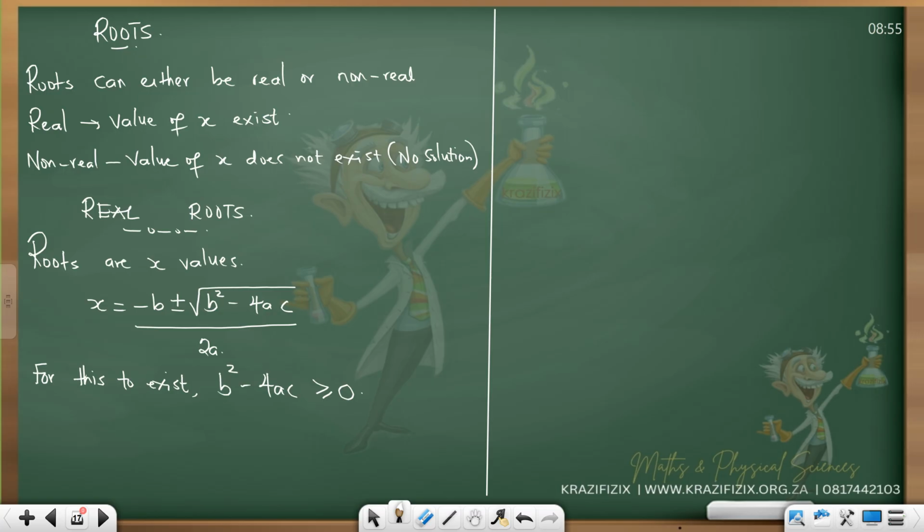If not greater than, it must at least be equal to 0. And we're going to look at an example.